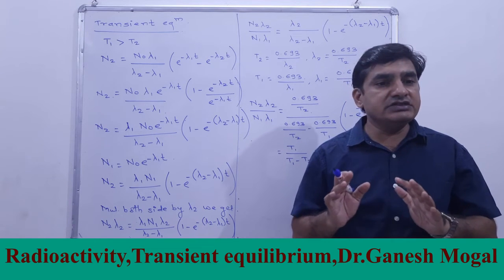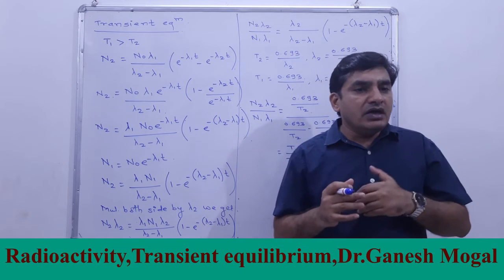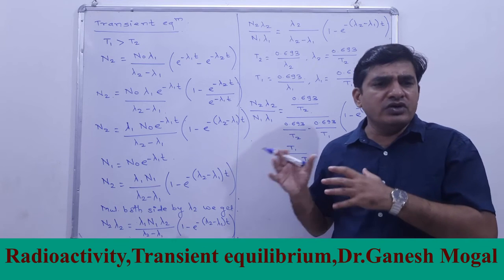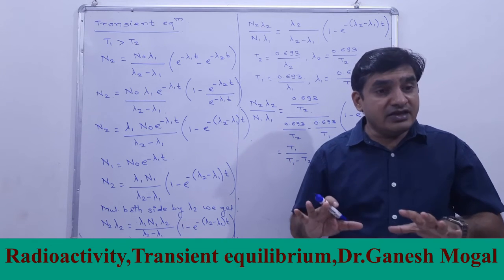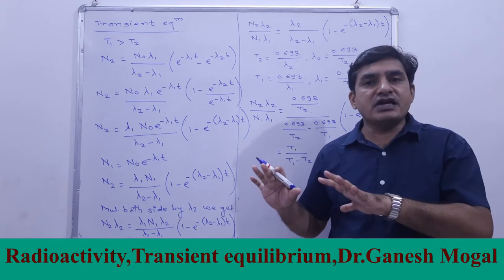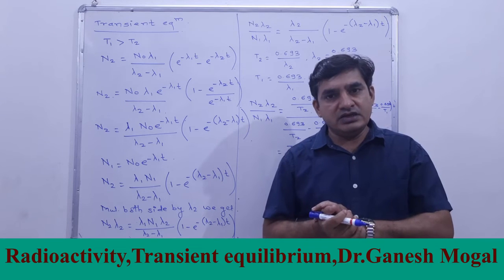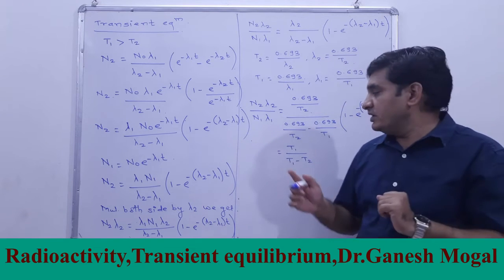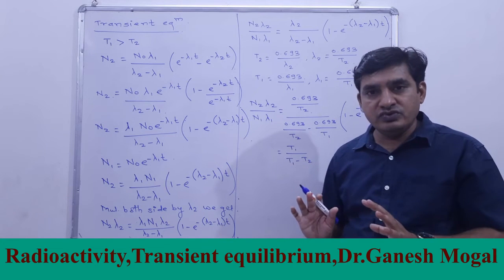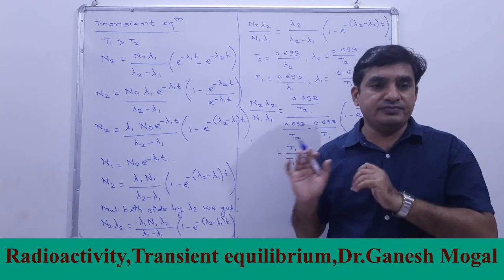And we can say that when the equation is good, then the equilibrium is a transient equilibrium, if T1 upon T1 minus T2 is greater than 1.